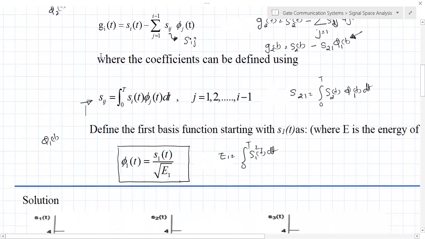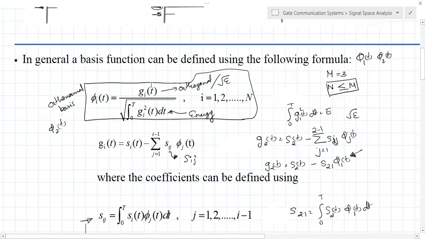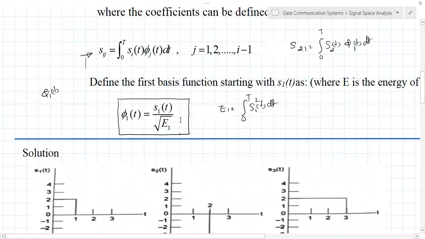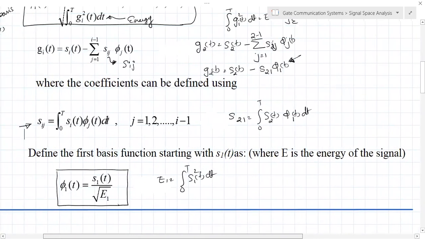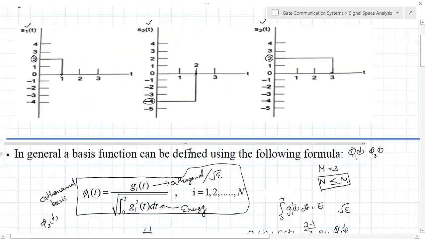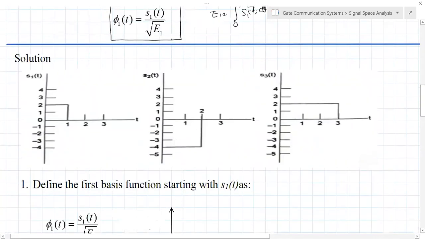So for i equal to 1, you use a simple formula, that is simply s1(t) divided by root E1, because we don't want to use g1. We assume that g1 is simply s1. That is the basic formula we require for the Gram-Schmidt orthogonalization procedure.